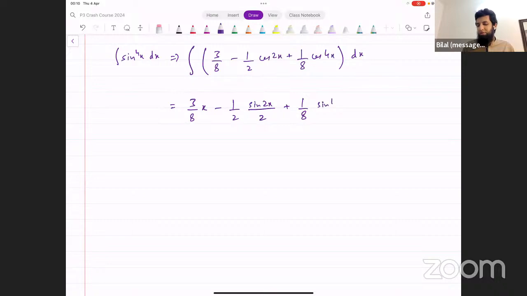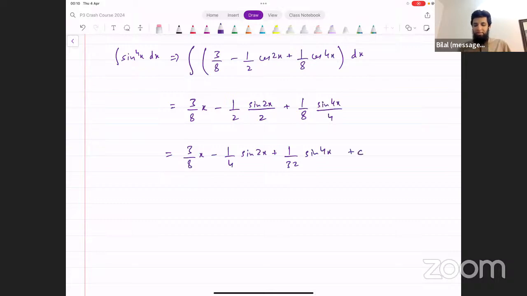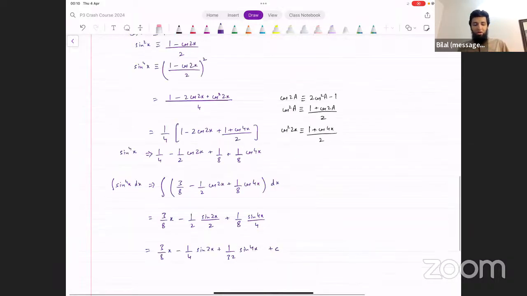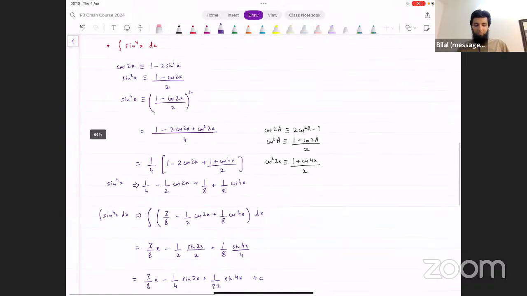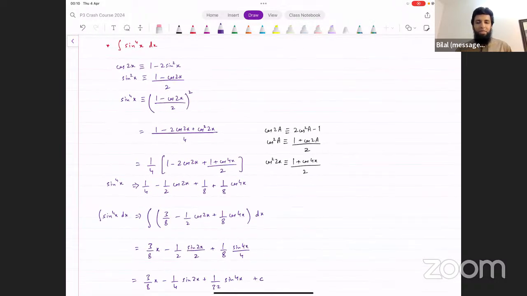So it becomes sine of 4x divided by 4. And that simplifies to 3 over 8 times x minus 1 over 4 into sine of 2x plus 1 over 32 into sine of 4x plus c. This is the integration of sine raised to power 4x. So you apply that double angle identity twice like that.